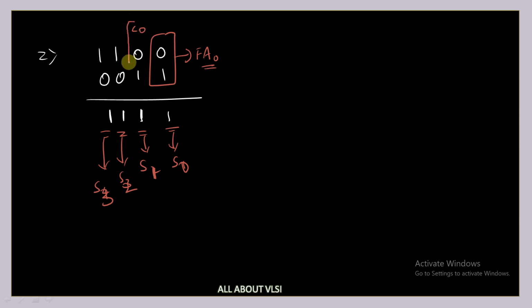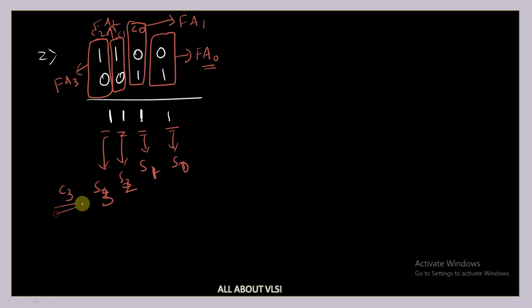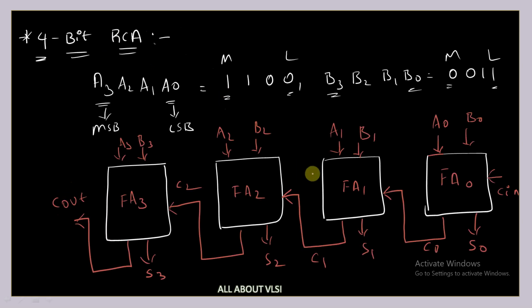Another full adder, FA1, takes care of this addition, one more full adder, FA2, takes care of the third stage addition, and the last full adder, FA3, takes care of the last two bits, and we get C0, C1, C2, and finally C3. So this is how we make the addition.